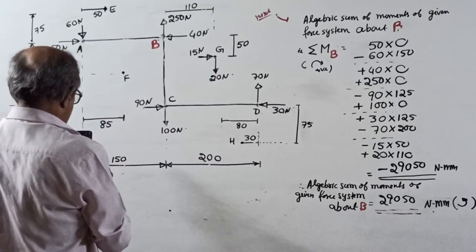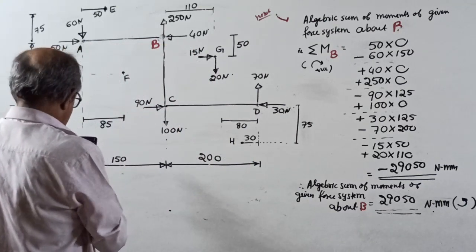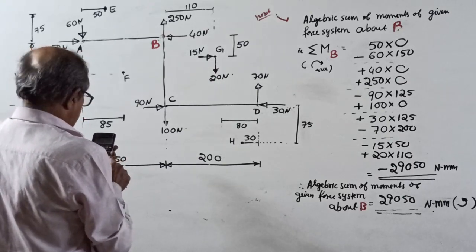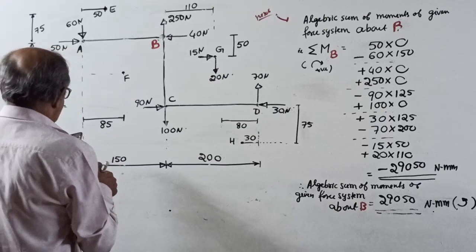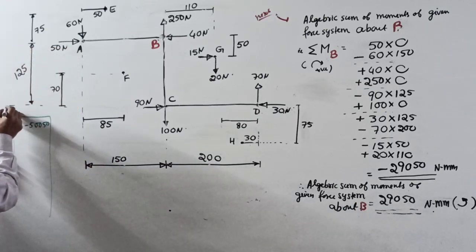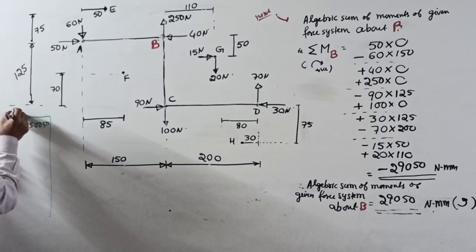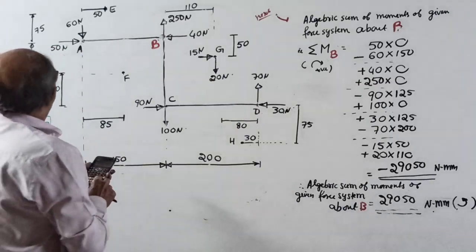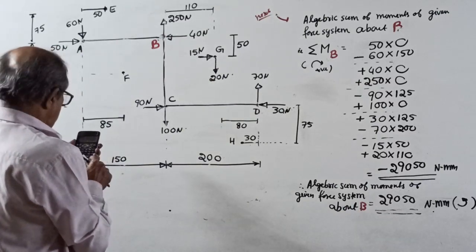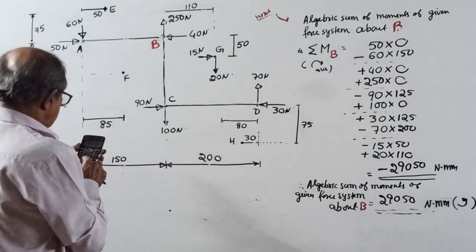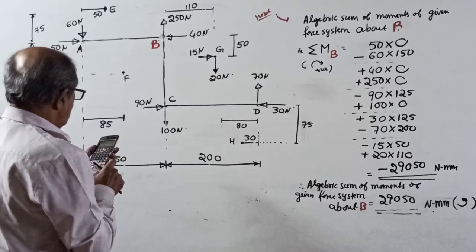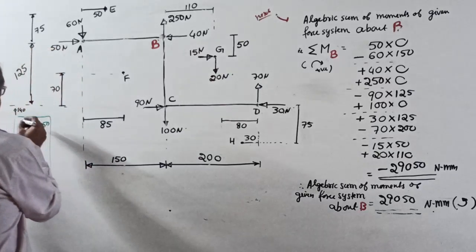Minus 60 plus 250 minus 100 plus 70 minus 20. For my information, net vertical force is 140. You never bother about these things. Net horizontal is 50 minus 40 plus 90 minus 30 plus 15. 85.